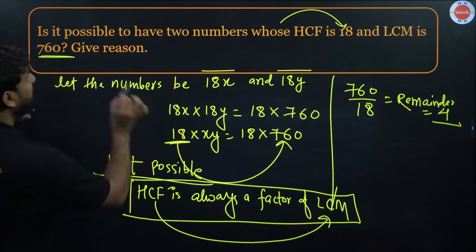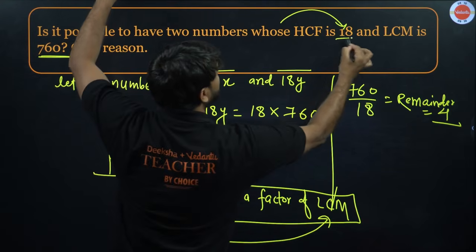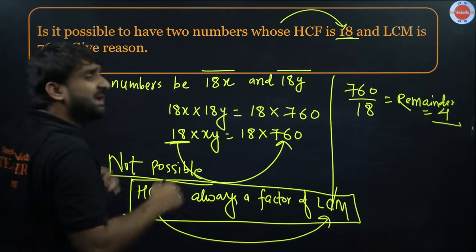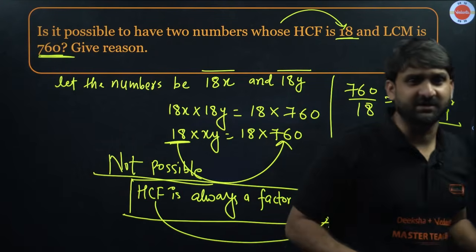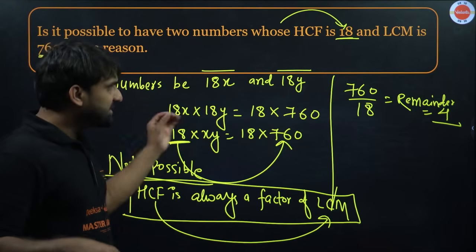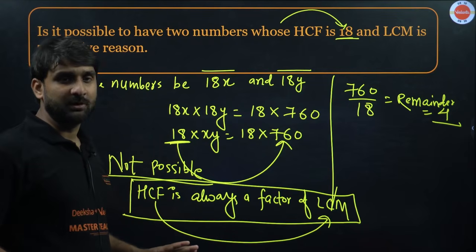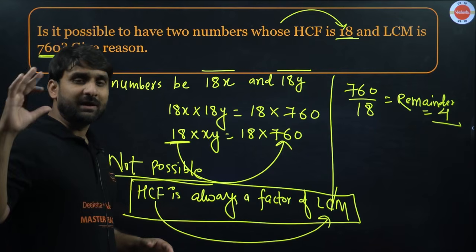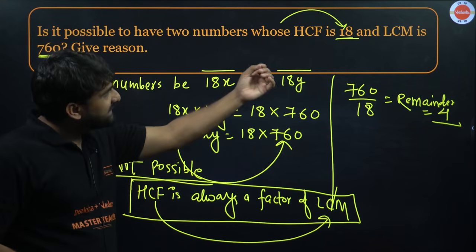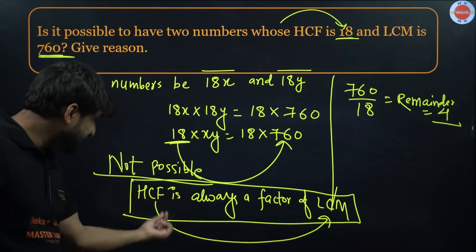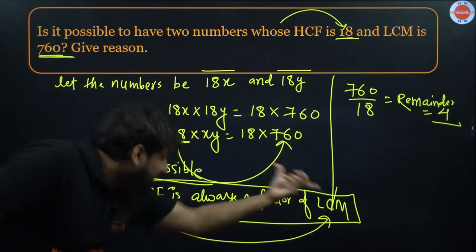But here, 18 does not divide 760 perfectly. It means that 18 is not a factor of 760. It implies there is no possible pair whose HCF will be 18 and LCM will be 760, because HCF is itself a factor of LCM.